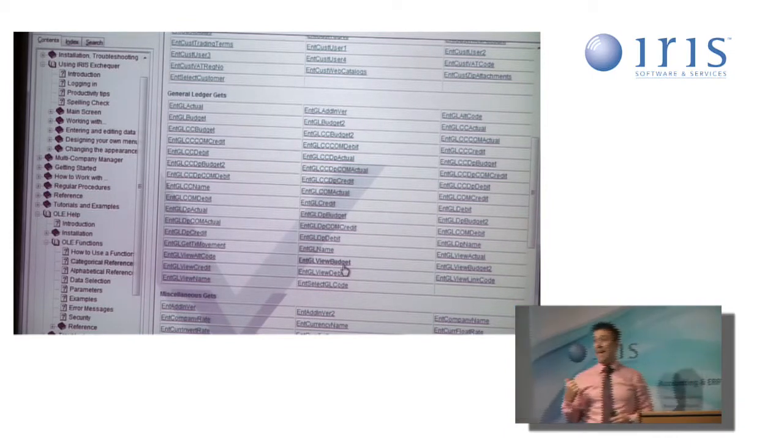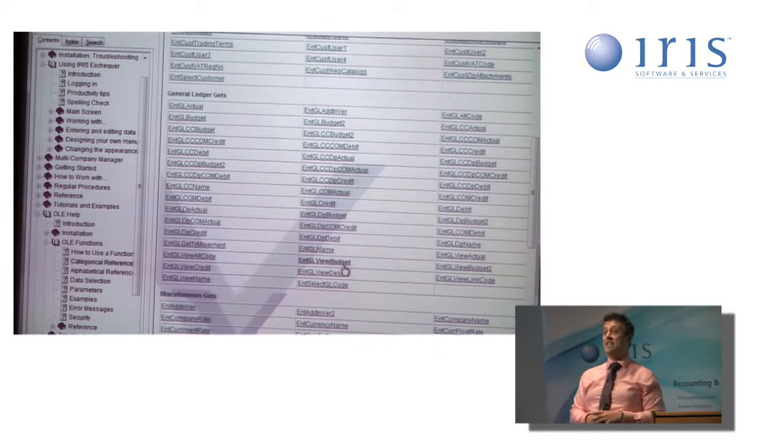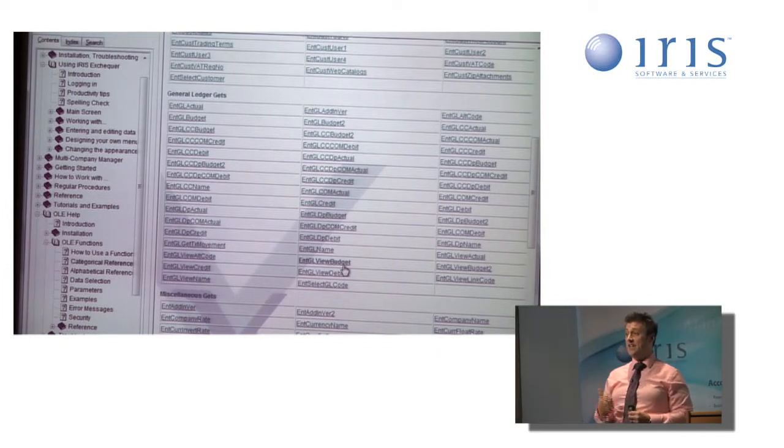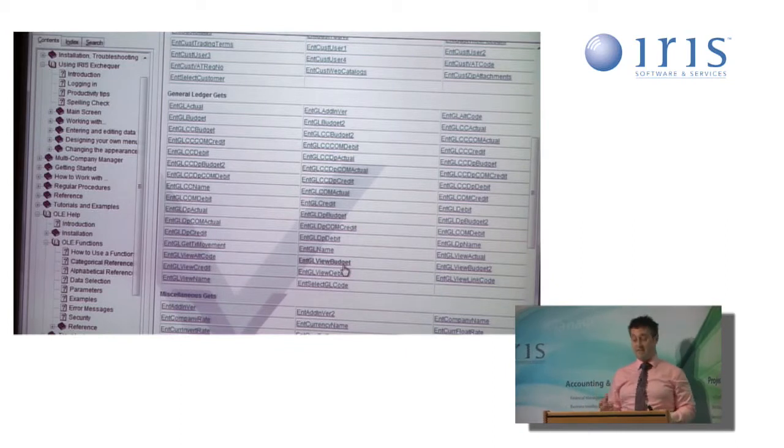That means you can get, using the GL view that you've created within Exchequer, instant, up to the minute, unposted information. I'm sure you can all agree that can be very valuable to you.